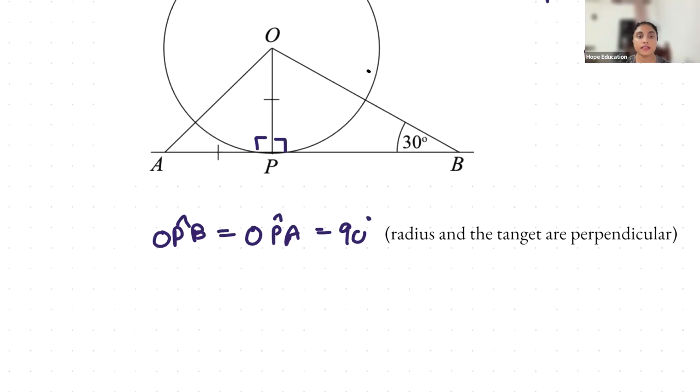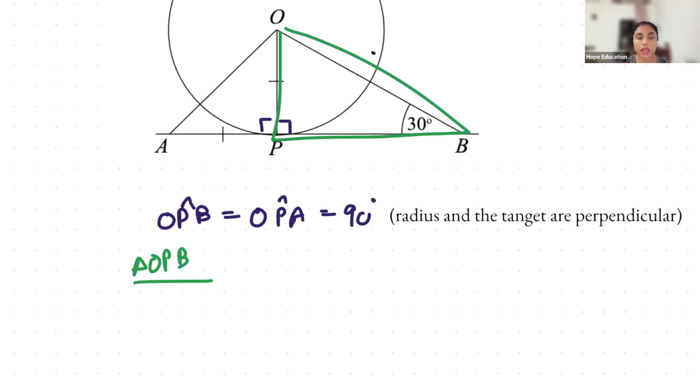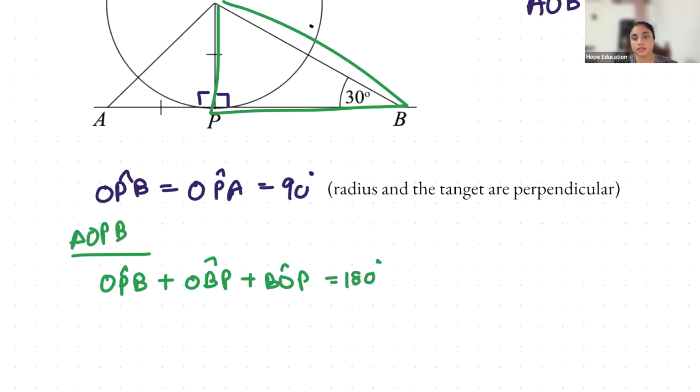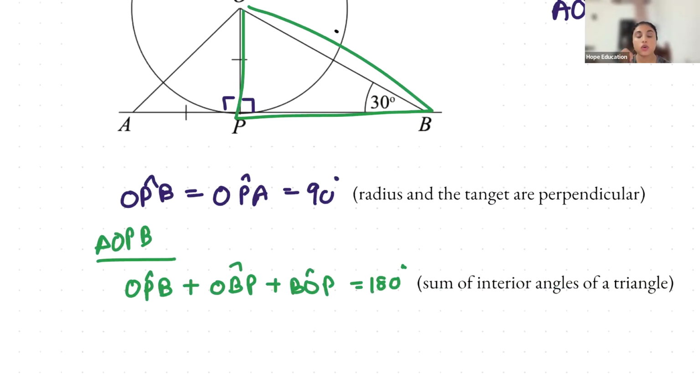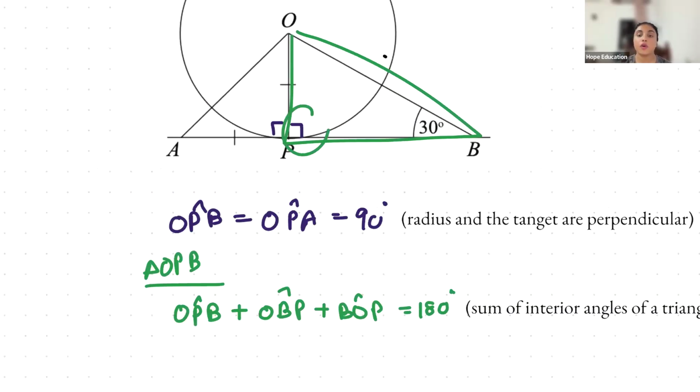Now, if you consider this triangle OPB, angle OPB plus OBP plus BOP equals 180. We know that is the sum of interior angles of a triangle.